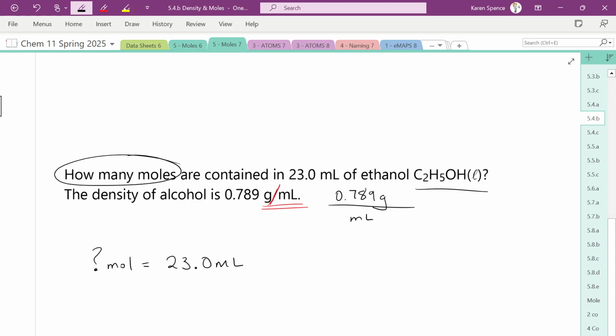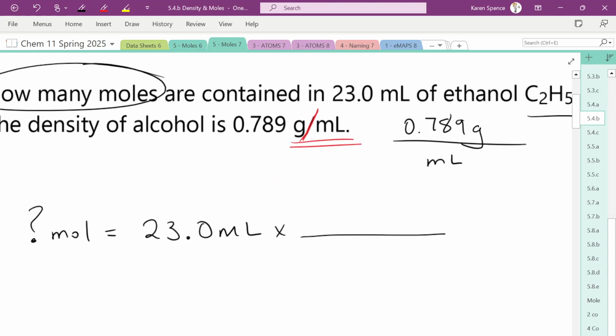What should we do with our milliliters? Put it down at the bottom so that it cancels out. And what should we put on the top? Grams. Because we have a conversion factor that does grams to milliliters. And we can put our numbers in there, 0.789 per 1 milliliter.